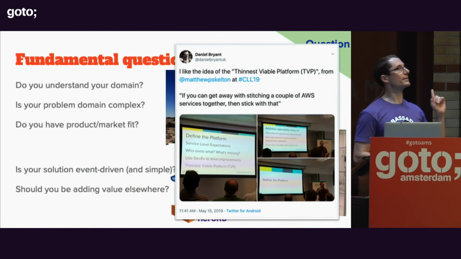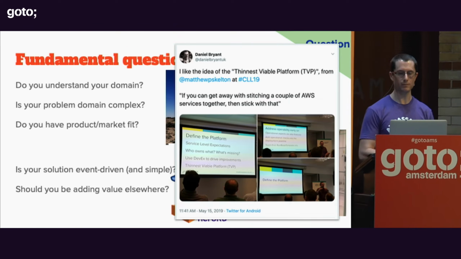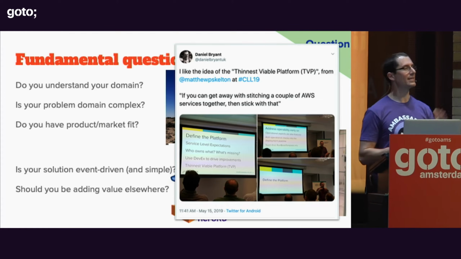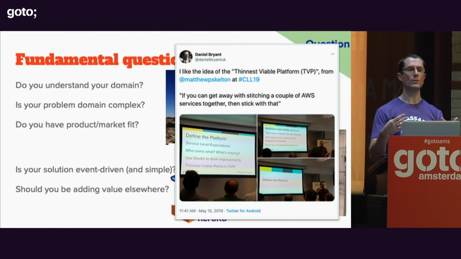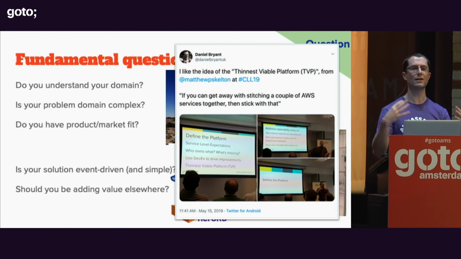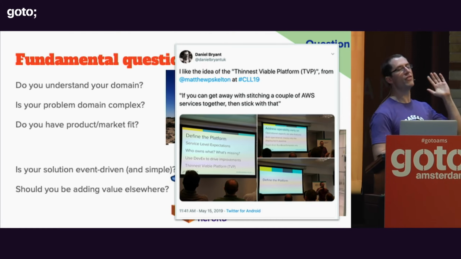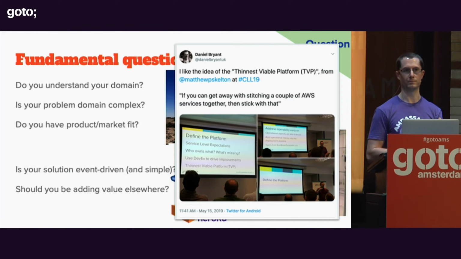I was in London at Continuous Lifecycle London a few weeks ago, and Matthew Skelton, definitely worth checking out Matthew's books, said this amazing thing. We're all familiar, hopefully, with the minimum viable product. Particularly if you're an entrepreneur or in a startup, you're always looking for this minimum viable product. And Matthew said something about the thinnest viable platform.